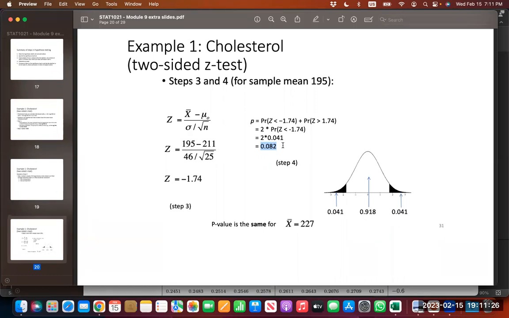So, okay, 8%. So what happens if we're finding now a second sample and the mean cholesterol in the second sample is 227? 227 would be 227 minus 211 divided by 46 divided by the square root of 25.